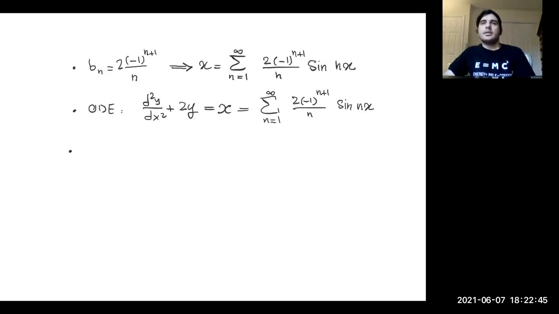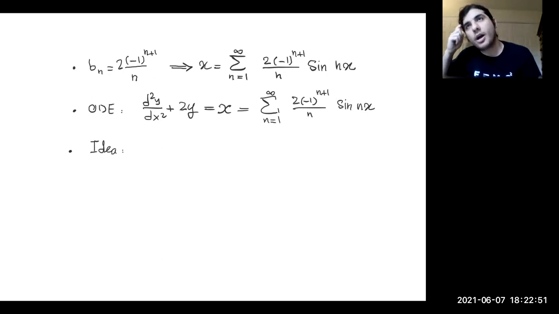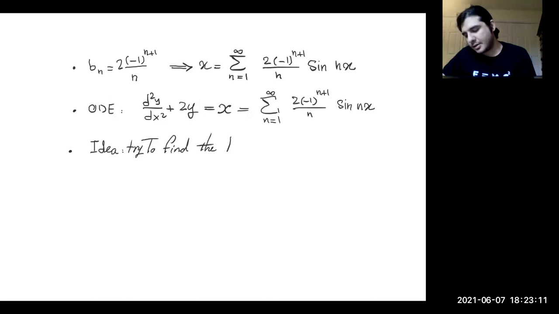Okay, so now the idea is that rather than finding a very explicit function for y, like a polynomial, like these sorts of functions, we can find the Fourier series of y. So we try to find the Fourier series of y.